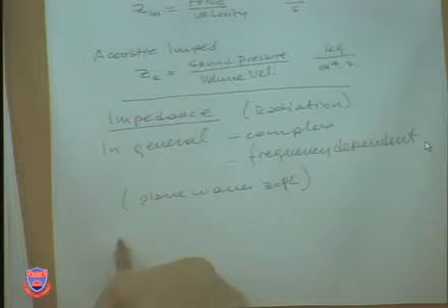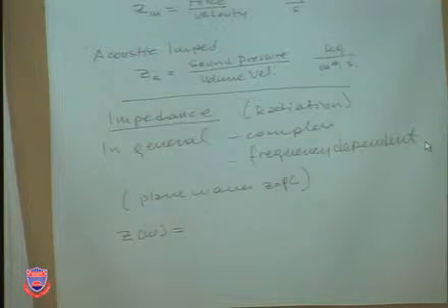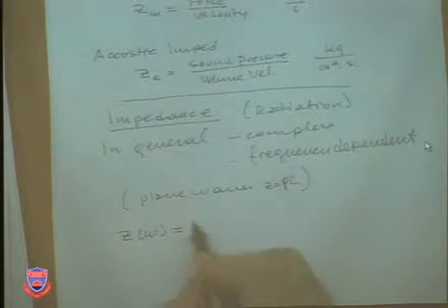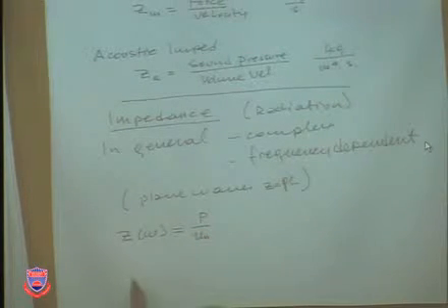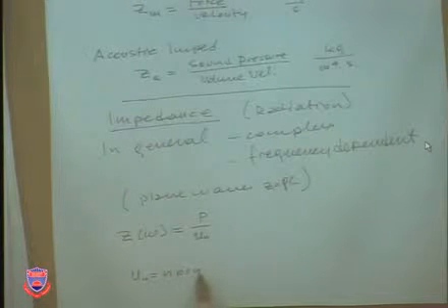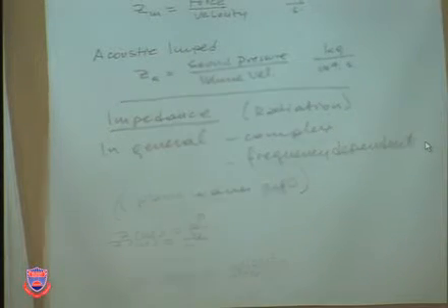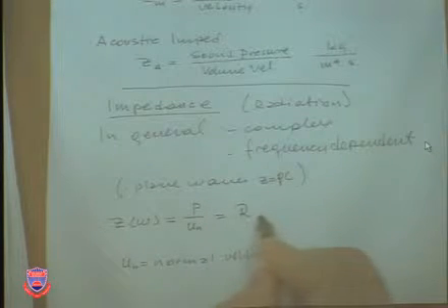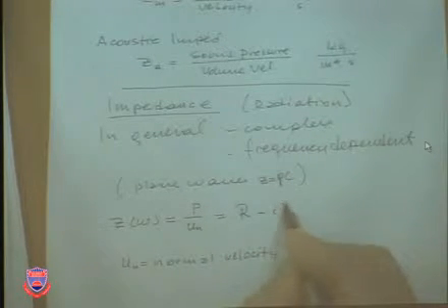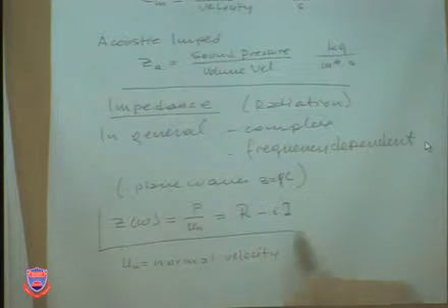And we mark it as z of omega, and it's defined as the ratio of pressure to the normal velocity at that point. And that ratio has a real part and an imaginary part. Okay, this is the impedance.